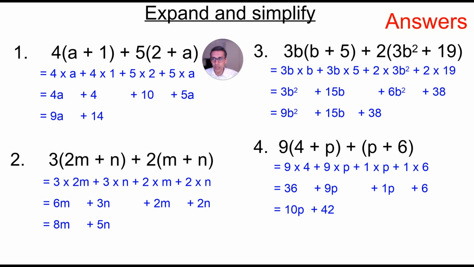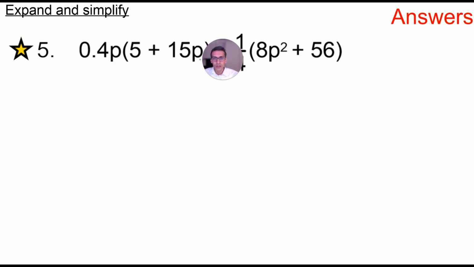Hope that was useful. I'm going to go through question 5, just the extension question. So let's work through this briefly. Now, I'm not going to go into all the details about multiplying decimals and fractions and stuff. I'm just going to tell you the answers to this.